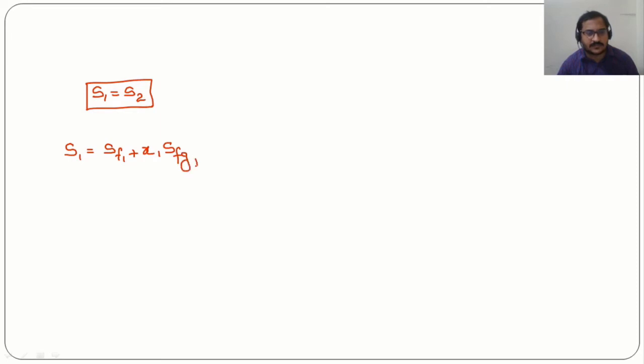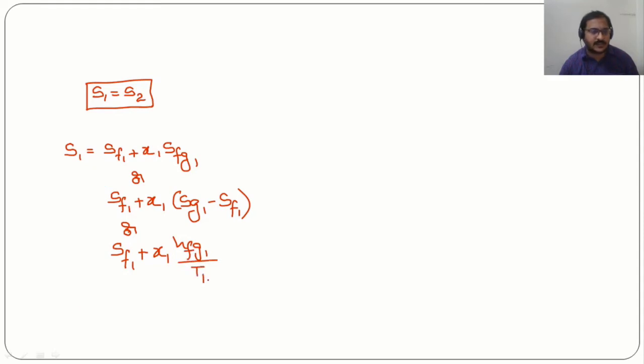Now let us see what will be the formulas of S1, S2, H1, H2 and H3. So S1 equal to S2. The first condition is wet, so you should take SF1 plus X1 into SFG1, or SF1 plus X1 into SG1 minus SF1, or you can take SF1 plus X1 into HFG1 by T1, depending upon the data given.